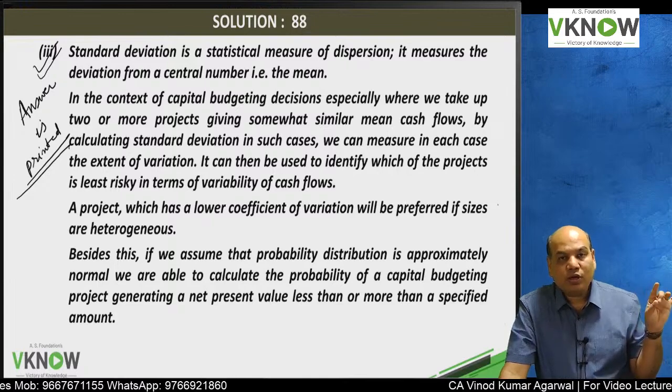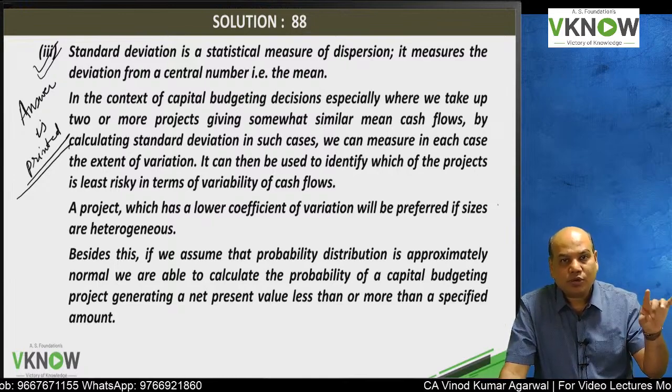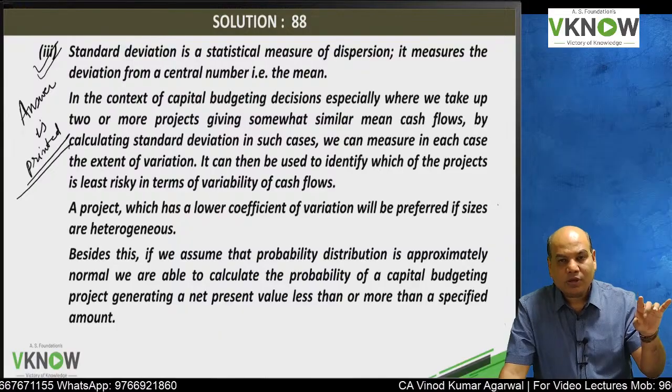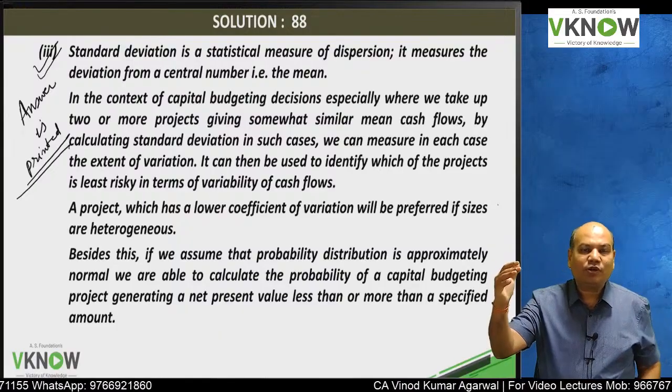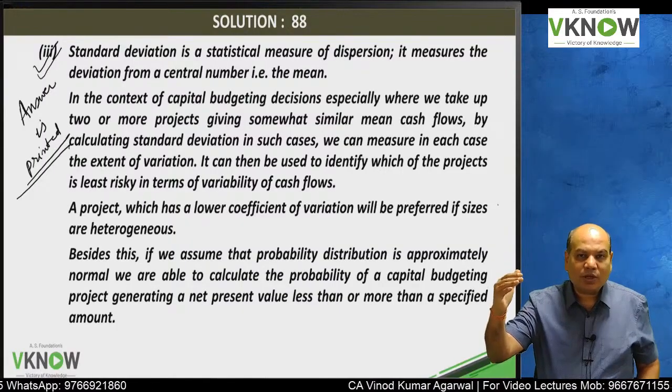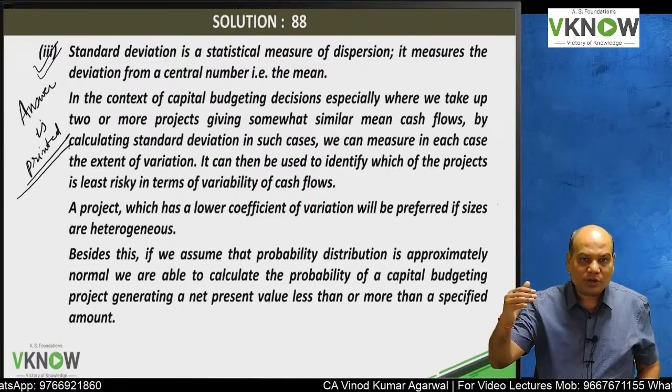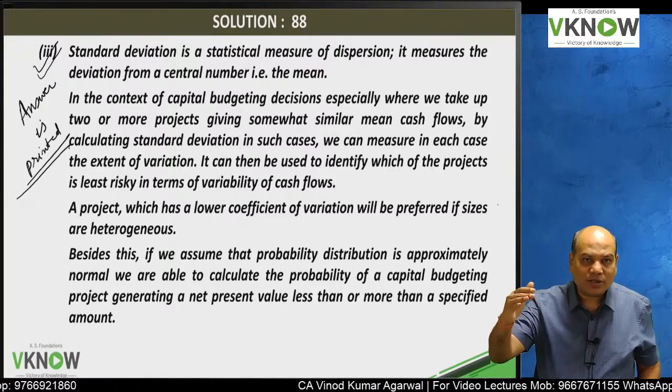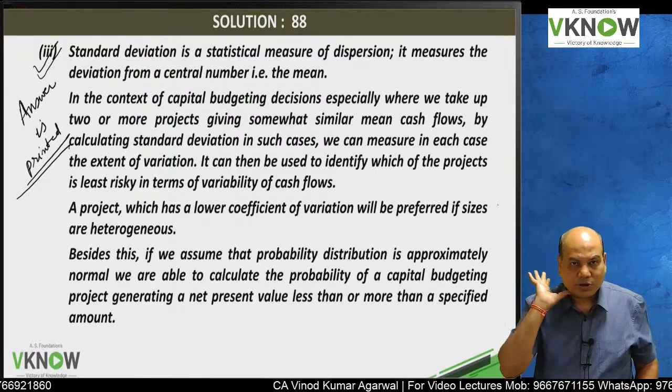You can also put a tolerance limit for the coefficient of variation, and if the project's coefficient of variation is less than the tolerance limit, you will select the project.